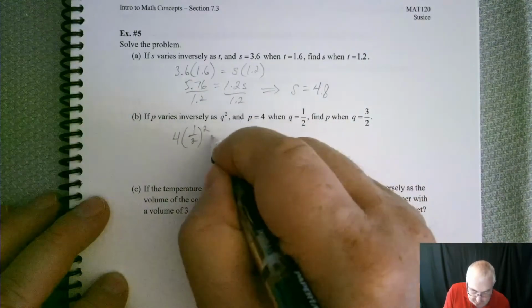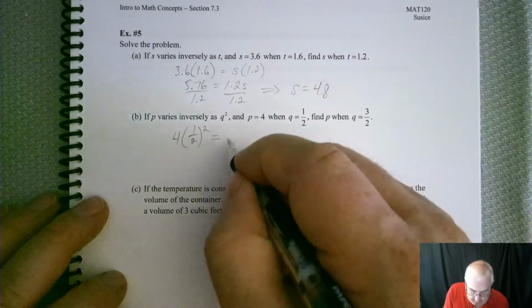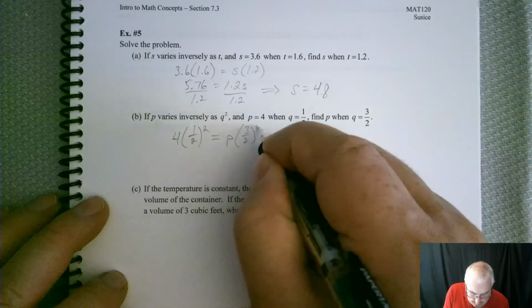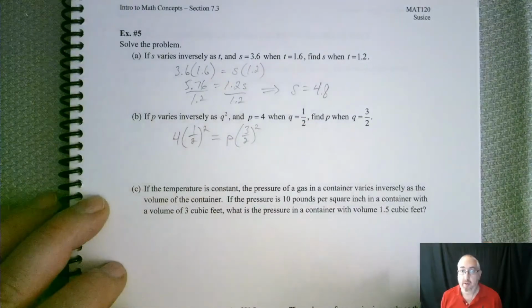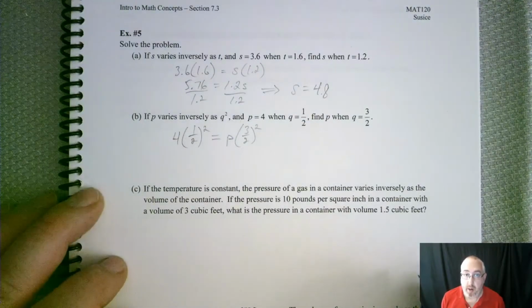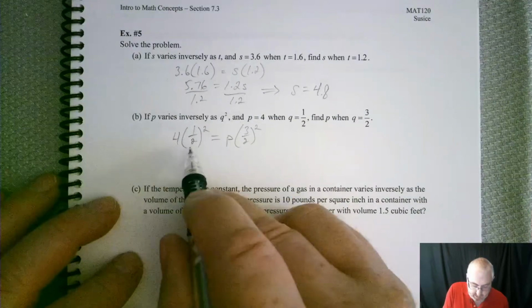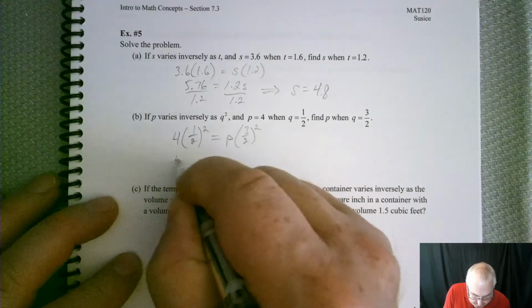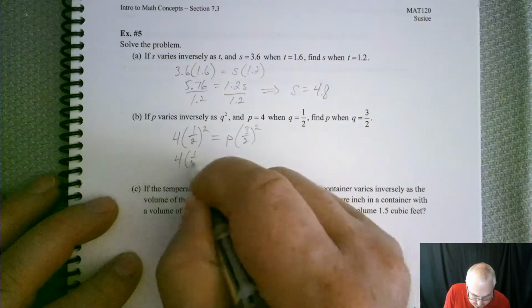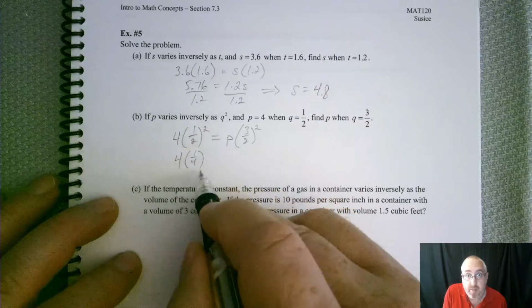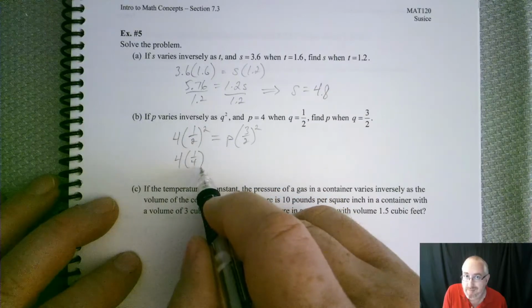So that's the left side, and now we don't know what P is, but we've got to square q. So 3 halves squared. Now just take your time with it. Let's take care of the exponents first. When we're squaring 1/2, it's a half times a half, so that should be a quarter, not 1.